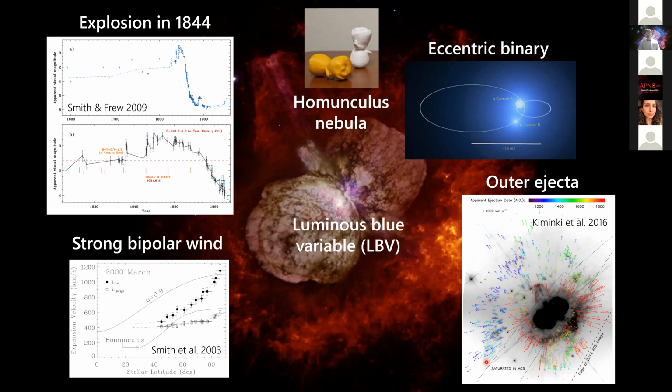If you track their velocities back to the center, you can estimate their apparent ejection dates. There have been multiple ejection episodes with century intervals, and each of them seems to be one-sided. These blue arrows only occur on this side, there are only green arrows pointing on that side, and these yellow arrows pointing only this side. All of these ejections seem to be random and unassociated with the symmetry axis.